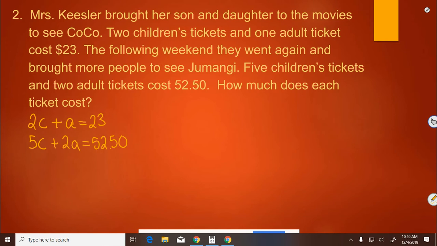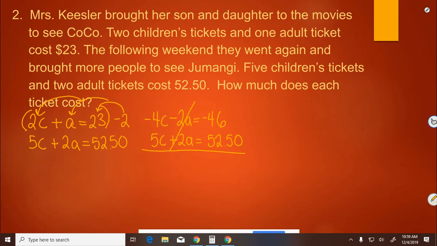To get 1 to 2, I would just have to multiply by 2. So I'm going to take this first equation and multiply by negative 2, which will allow me to cancel out the A's. Rewriting, I get negative 4C minus 2A equals negative 46. Then underneath, 5C plus 2A equals 52.50.